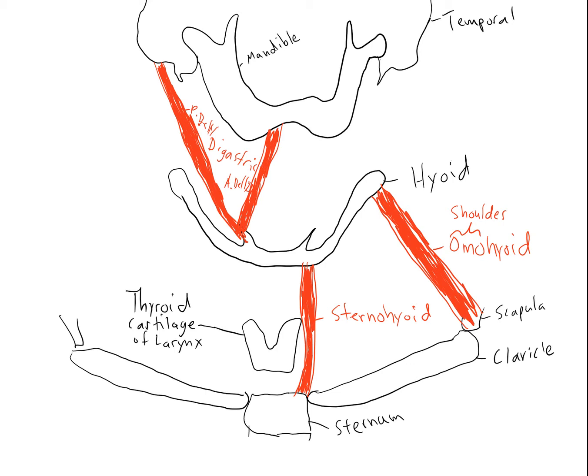Okay, let's look at the sternothyroid. So the sternothyroid is going to originate from the manubrium as well, but it's going to insert onto cartilage of the larynx called the thyroid shield, the thyroid cartilage of the larynx. And so this will have the action of depressing the thyroid cartilage, depressing the larynx.